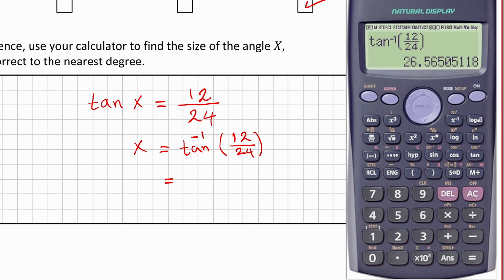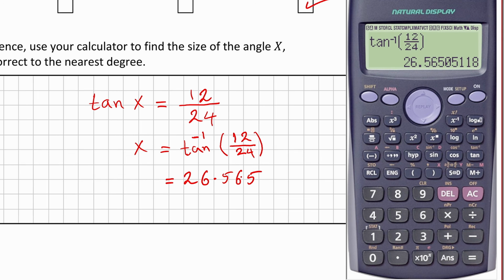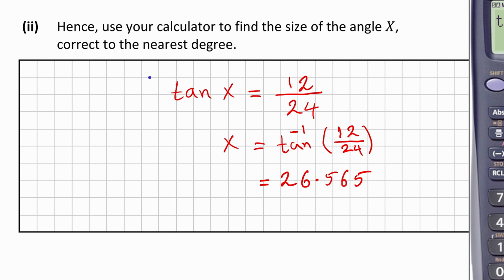We get the answer, 26.565. Remember that we need to correct the answer to the nearest degree.